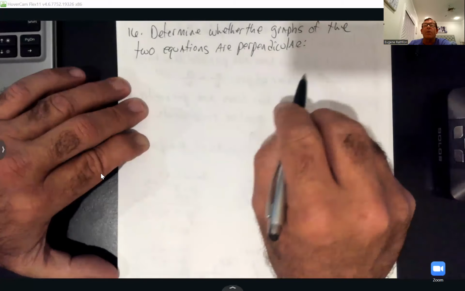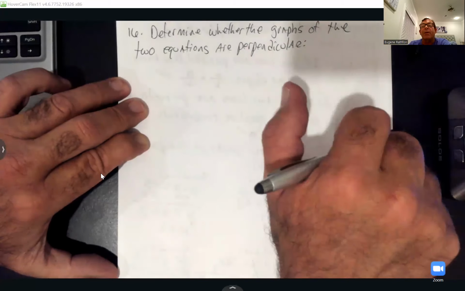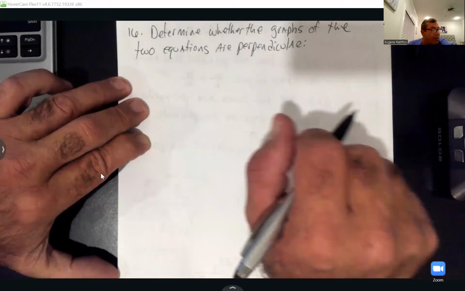Remember, perpendicular, if one's positive, the other one has to be flipped upside down and negative, okay?